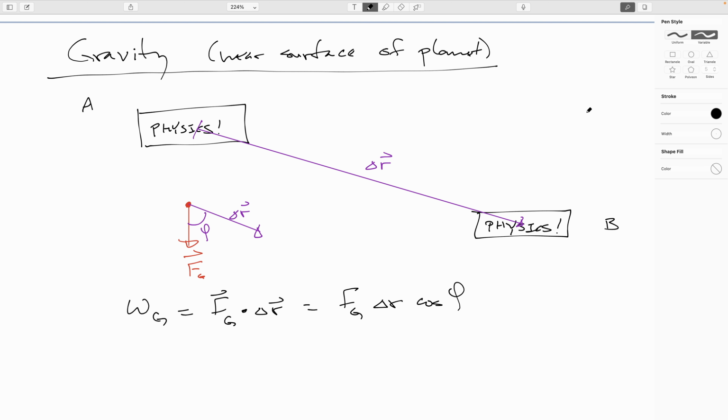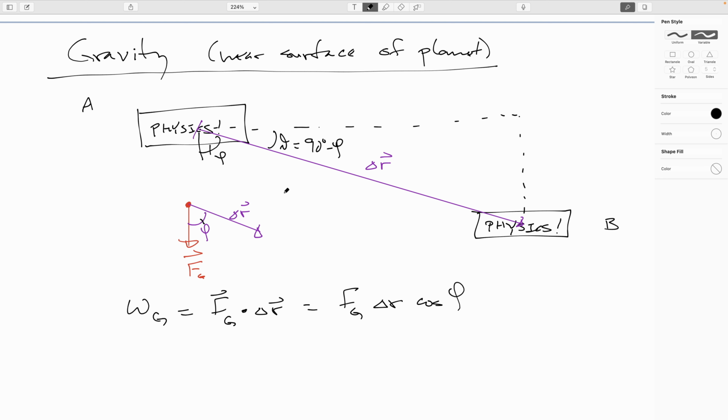Well, if I look at this diagram here, I'm drawing a horizontal and vertical line to complete a triangle. This angle here, theta, is, well, my angle phi there is the same as that one, so this angle theta here is 90 minus phi.